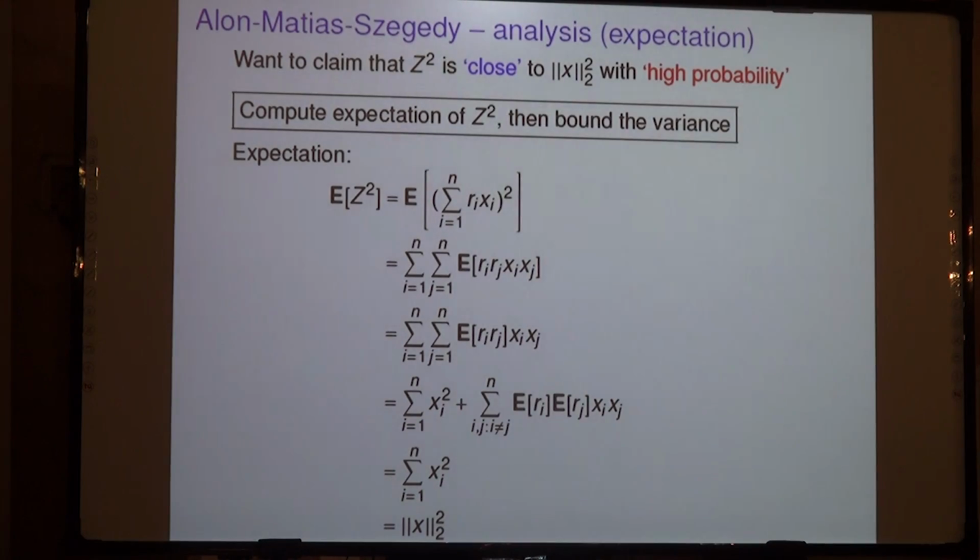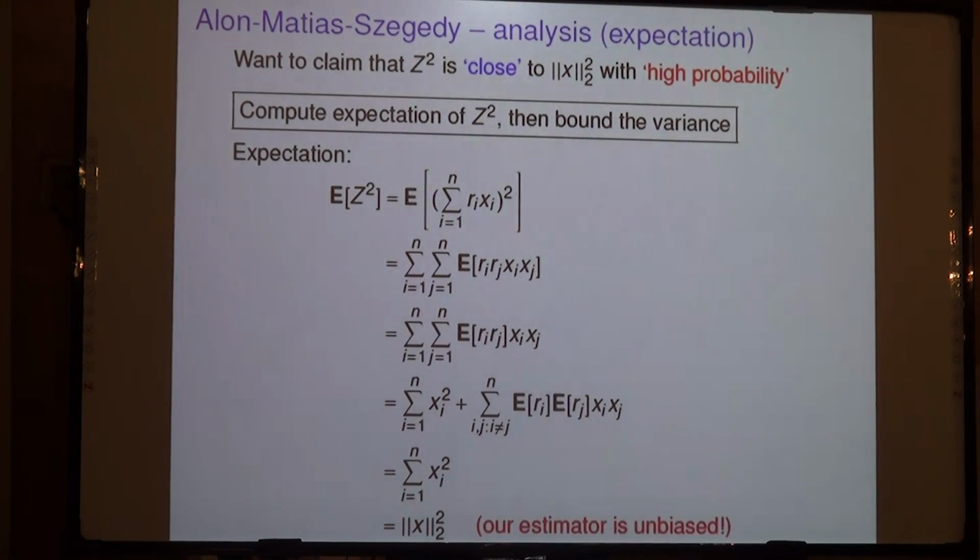The fact that we are multiplying each entry of x by a 0 mean random variable is exactly what lets us approximate the L2 norm. Z ends up being a random variable whose mean is 0, so the only thing that matters is the variance, which is exactly the manifestation of the fact that the cross terms vanish. And so the fact that our Ri's have 0 mean gives us that the diagonal terms stay. Good. Any other questions on the setup?